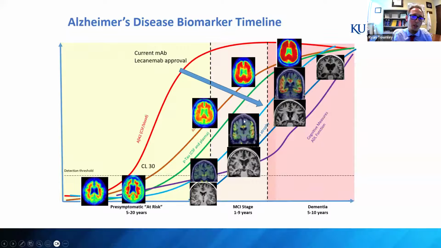When we have clear amyloid in the brain, ideally we have less tau in the brain when we're giving this, but it's approved for this very mild dementia, mild cognitive impairment stage. We're actively testing this in folks that are amyloid positive well before these other biomarkers are abnormal. So this is a current trial that we have going on right now.